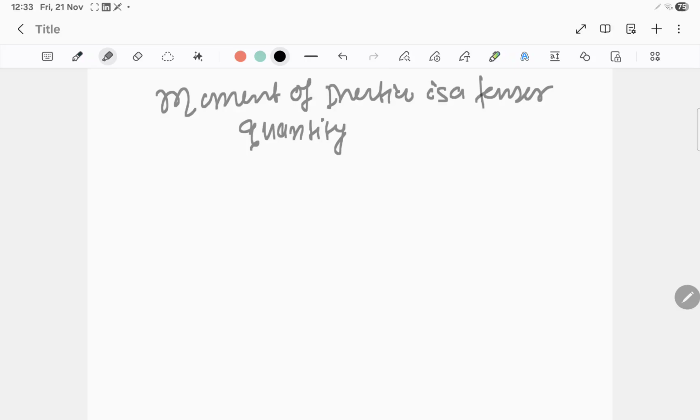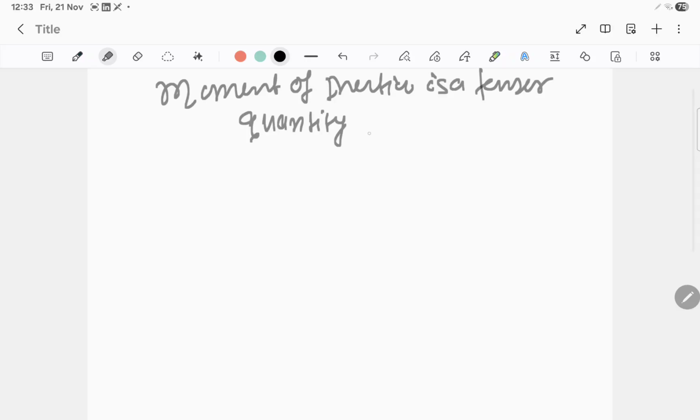So if it is a tensor quantity, that's why if two or more masses are rotated with respect to a common axis, then in this case the total moment of inertia will be the addition of both.